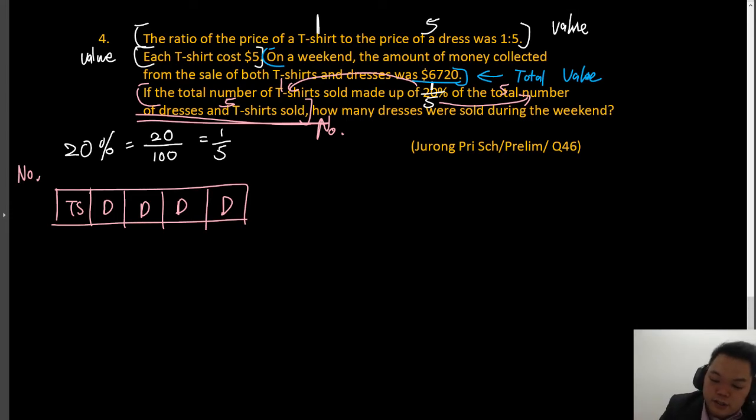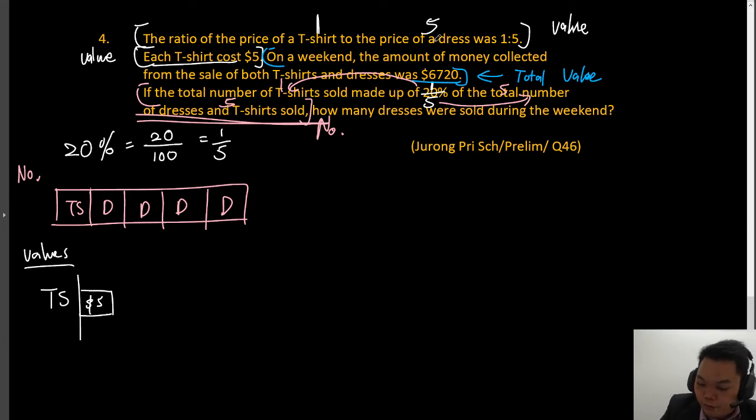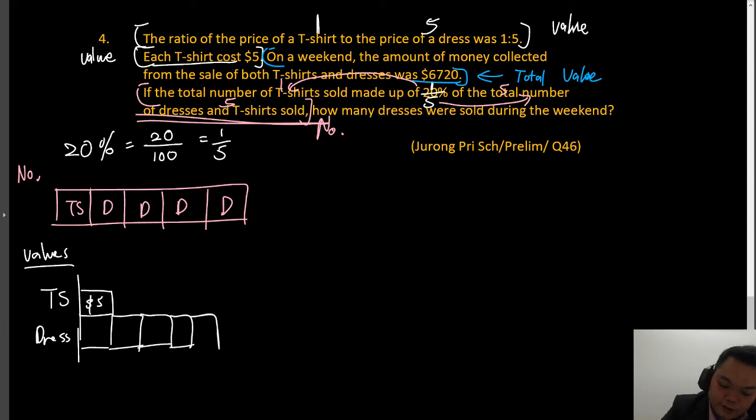Now the next thing that we want to do is to compare the values over here first. Each t-shirt costs $5. And the price of a t-shirt to that of a dress was 1:5. This means to say that your dress is going to cost 5 times as much as your t-shirt. So let's just simplify that out. This whole thing will be $25.